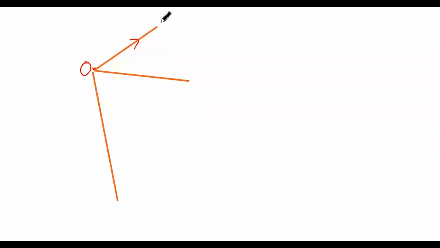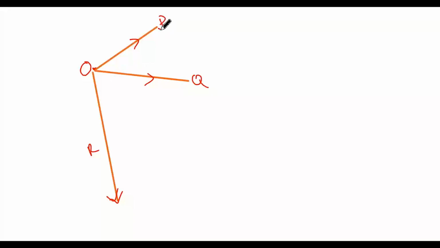This one is vector P, this will be vector Q, and this will be vector R. So OP, OQ, and OR are co-initial vectors because they have the same initial point.